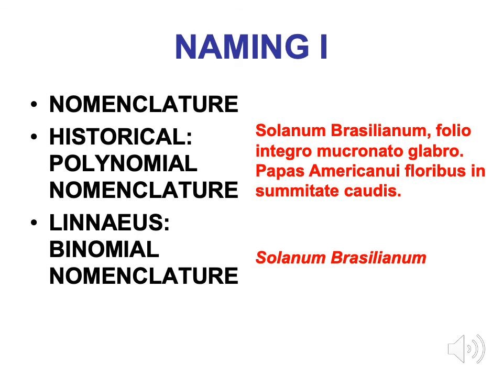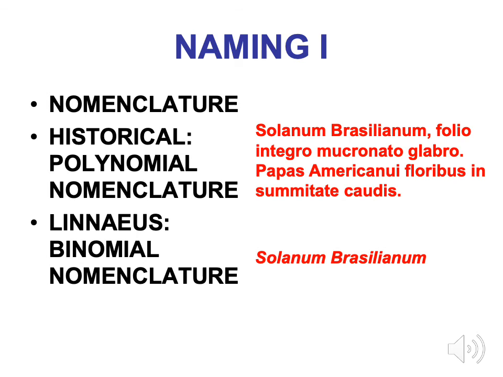He is the father of modern taxonomy. And what Linnaeus did was he took these long polynomials and abbreviated them into a two-part name. A two-part name is a binomial, and it's why we refer to his system as binomial nomenclature.